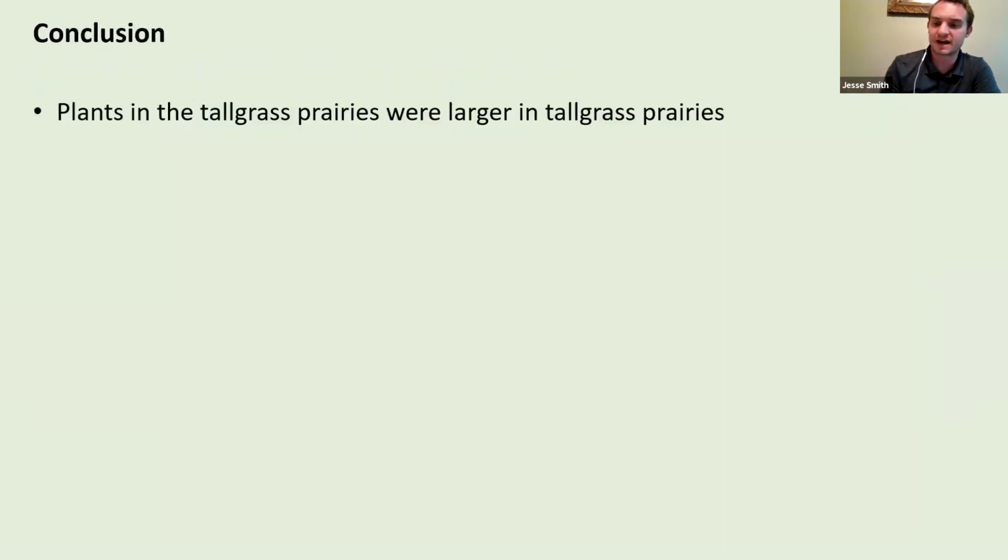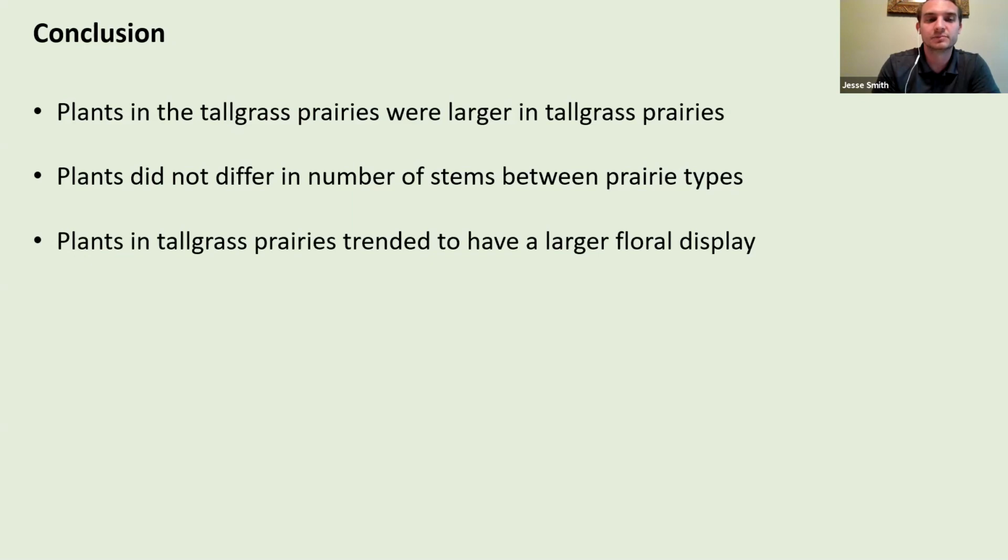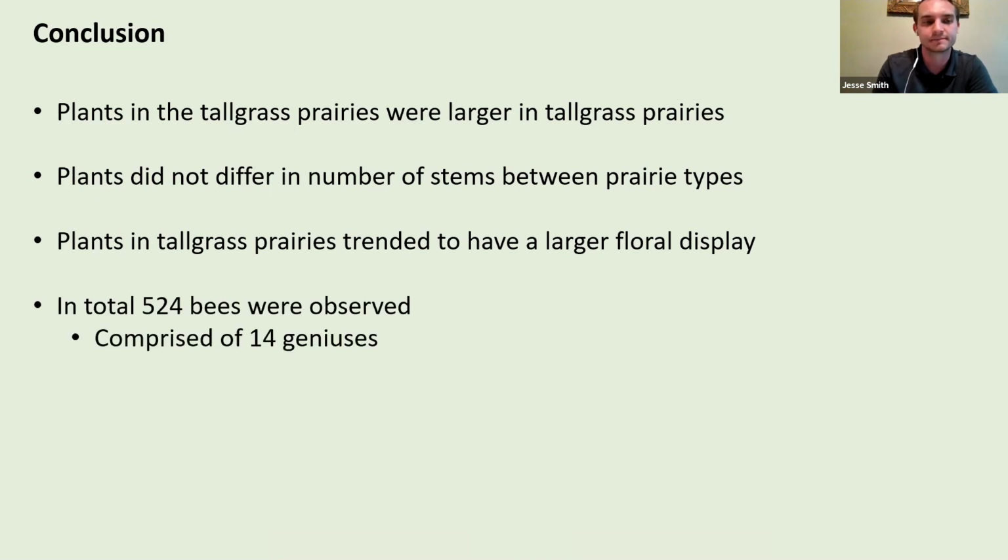Just to wrap up, to summarize the conclusions: the plants in the tallgrass prairies were indeed taller. The plants did not differ in their total number of stems between the prairie types, but the plants in tallgrass prairies seem to have slightly larger floral displays, and that can come back to the total number of inflorescence. Although they may have a similar number of main stems, there could be more side shoot stems coming off, causing more inflorescence.